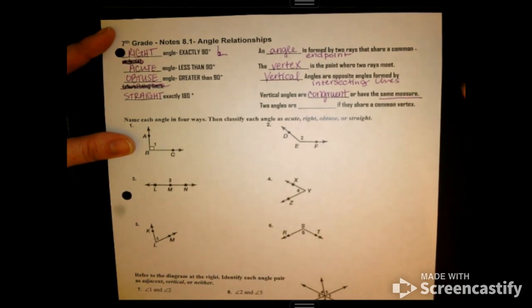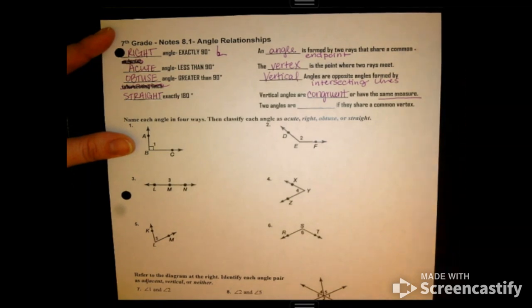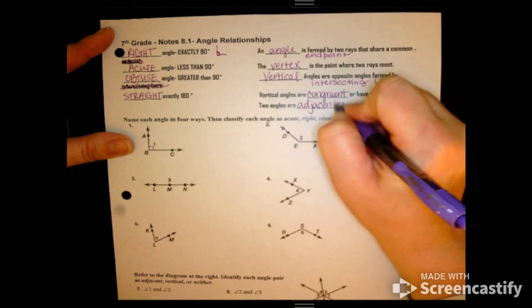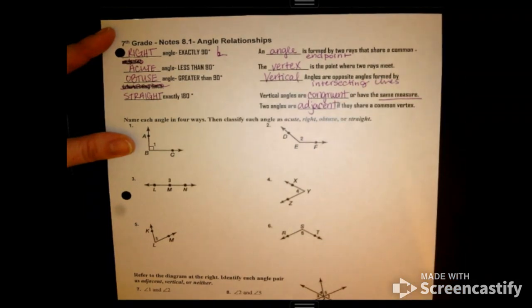All right, 2 angles are blank if they share a common vertex. It's called adjacent. What does it mean to share a common vertex? Well, they share a common point.